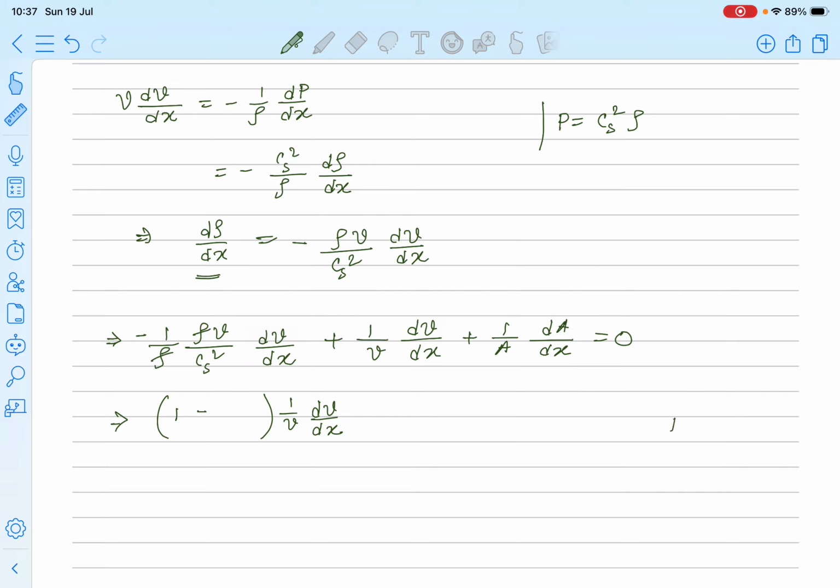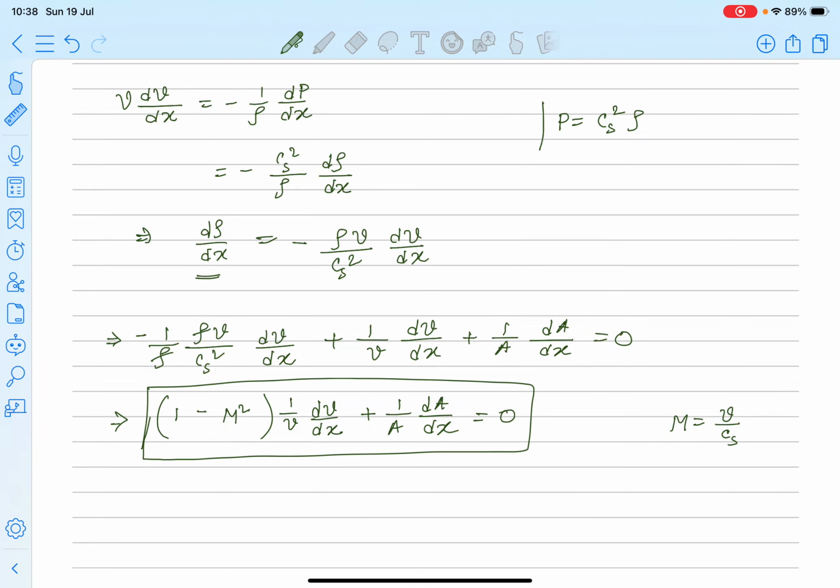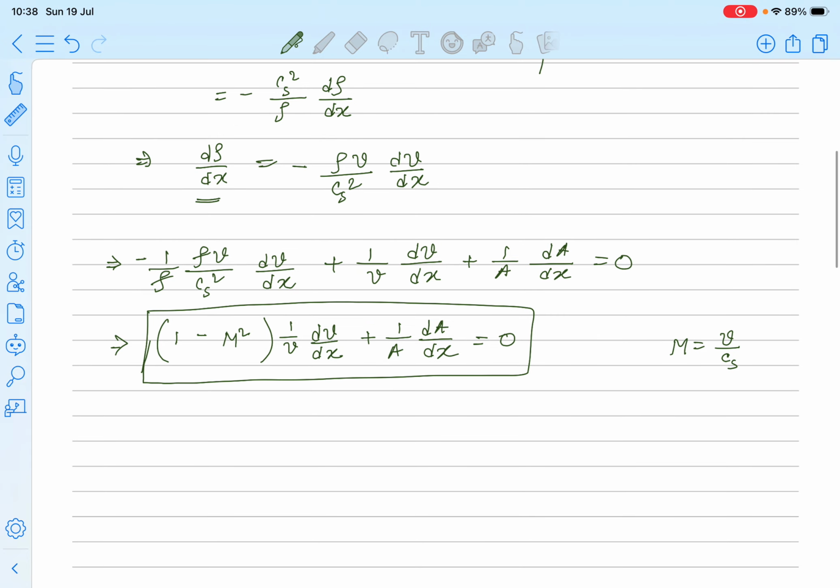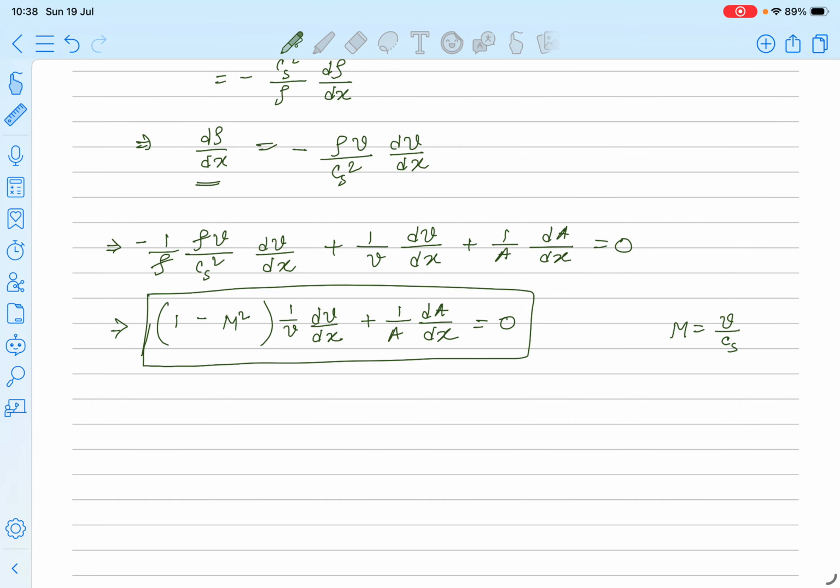So define Mach number as M equal to V by Cs, so this becomes 1 minus M squared, times 1 by V dV/dx, plus 1 by A dA/dx equal to 0. So in this equation A and V are functions of x. Now we will see a very interesting thing.